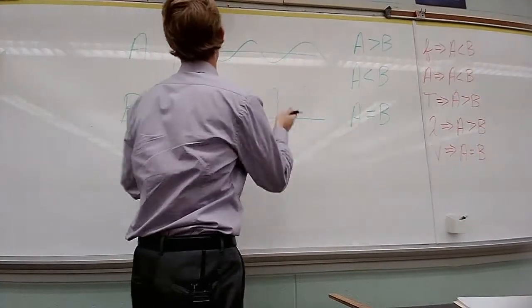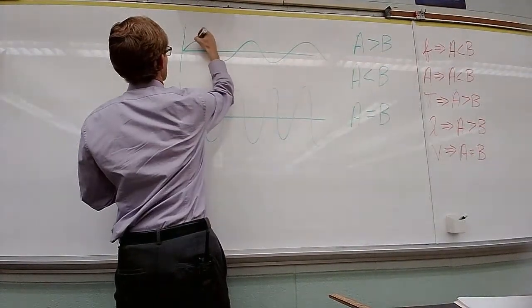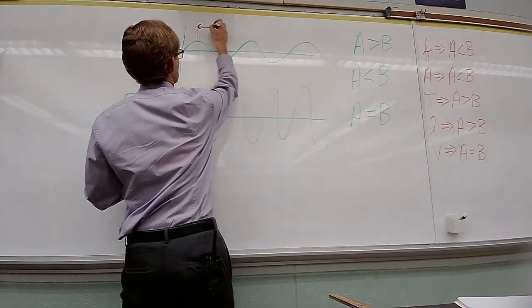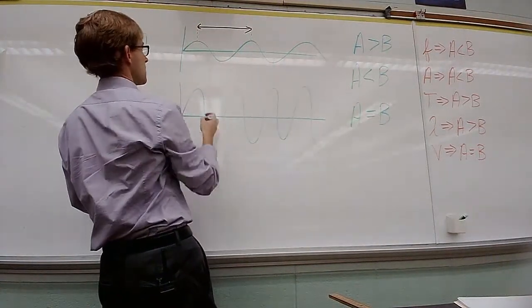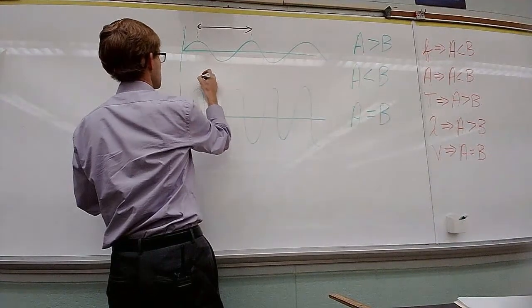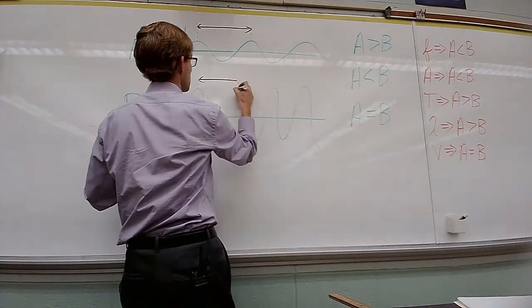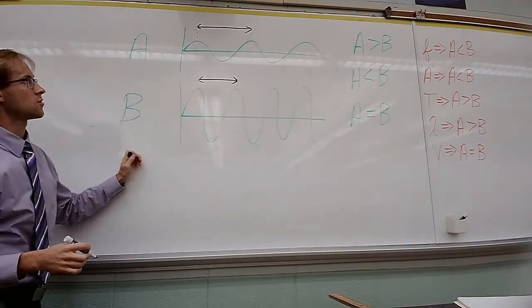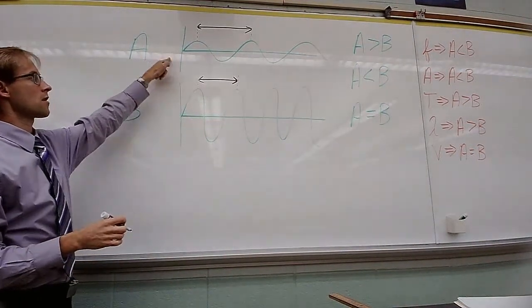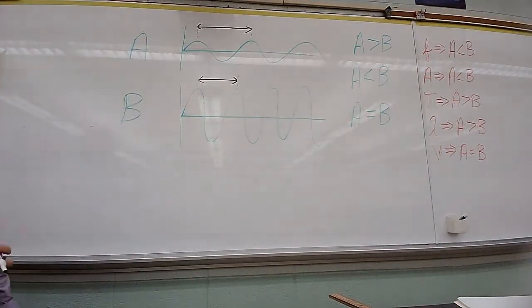From this crest to the next one, that distance is greater than this right here. And so the wavelength of A is going to be greater than the wavelength of B.